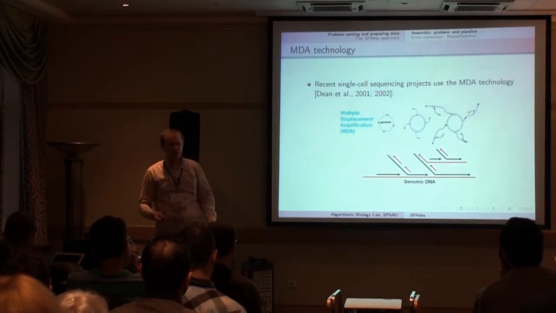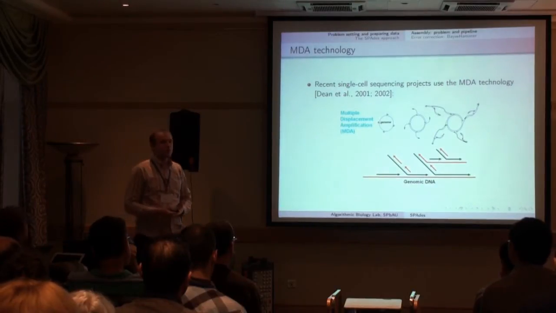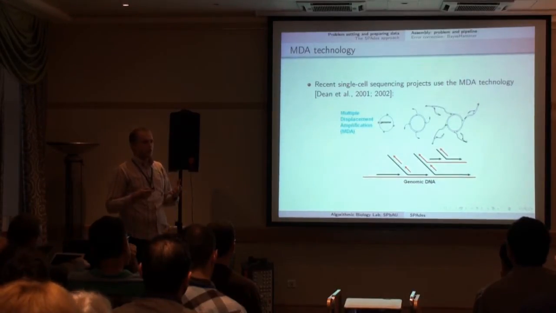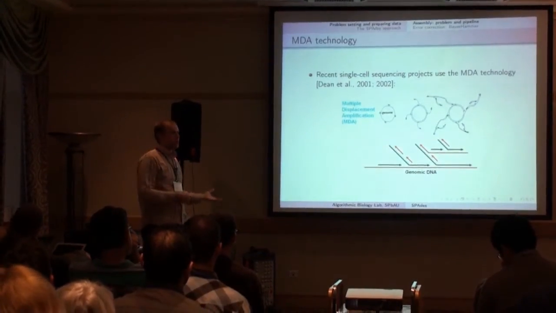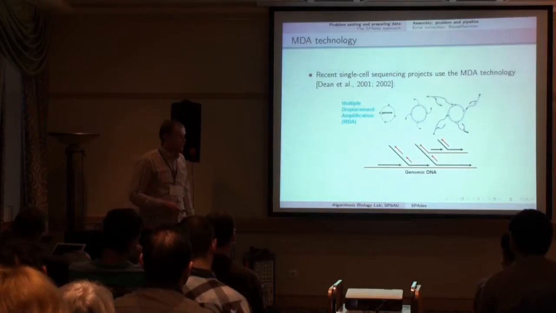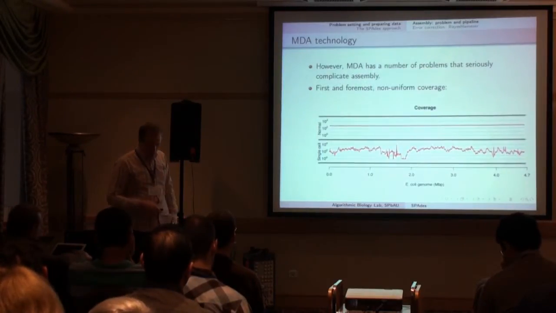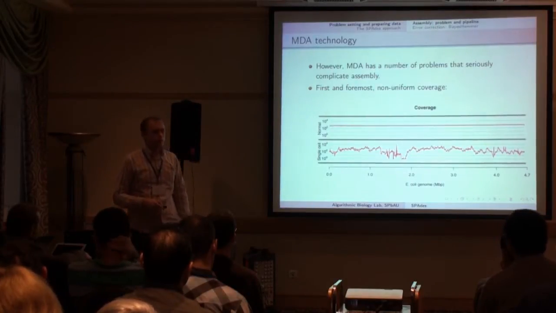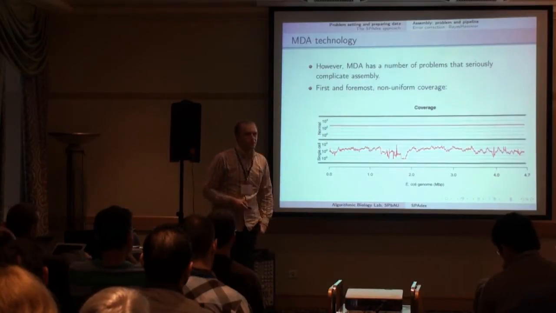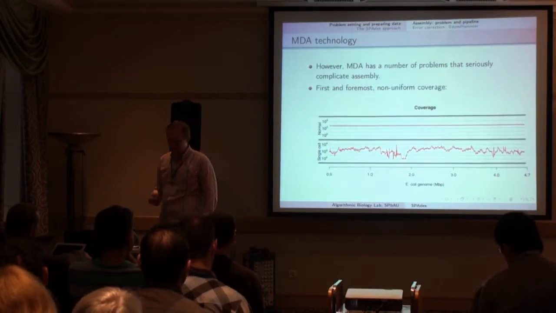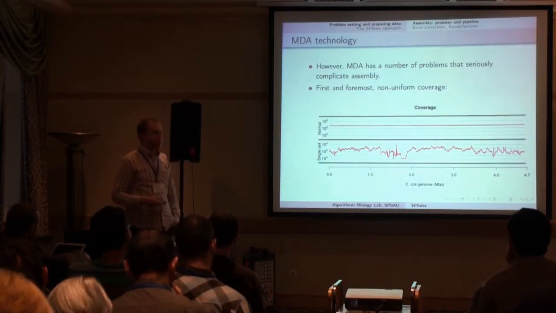So this looks like a perfectly valid way to get lots of genetic material, and then you can apply regular Illumina sequencing to get the reads. But this MDA technology has a few peculiarities that make life much harder for the people who try to assemble these reads, right?